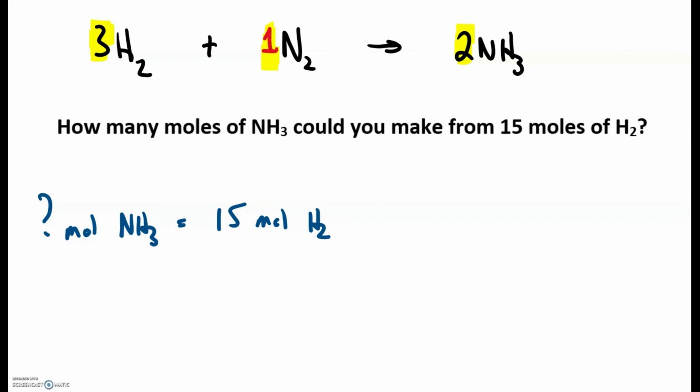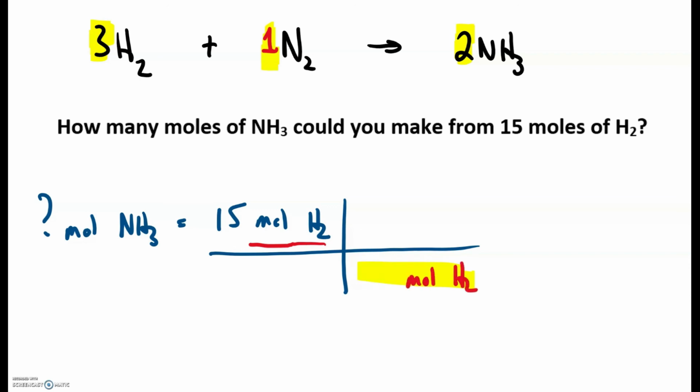And let's remember, keep this simple. The first conversion factor that goes on the bottom should always be the same as the unit on the top, moles of H2. So moles of H2 is going to go on the bottom.